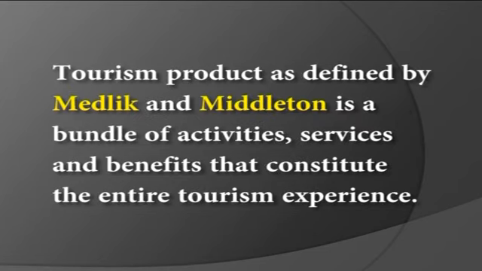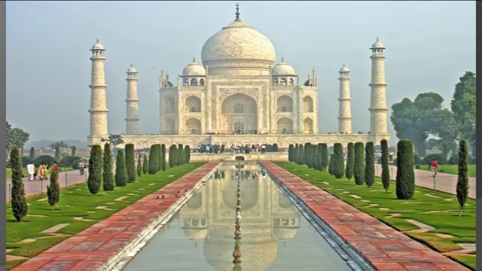A tourism product, as defined by Medlik and Middleton, is a bundle of activities, services and benefits that constitute the entire tourism experience. This bundle consists of components such as destination attractions, destination facilities, accessibility, images and price.